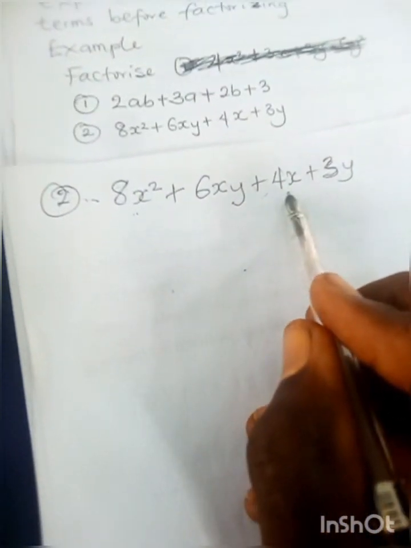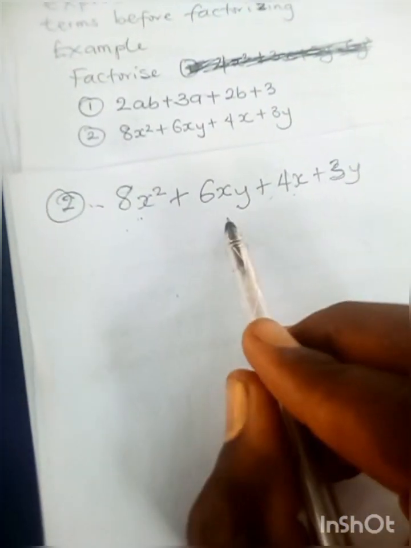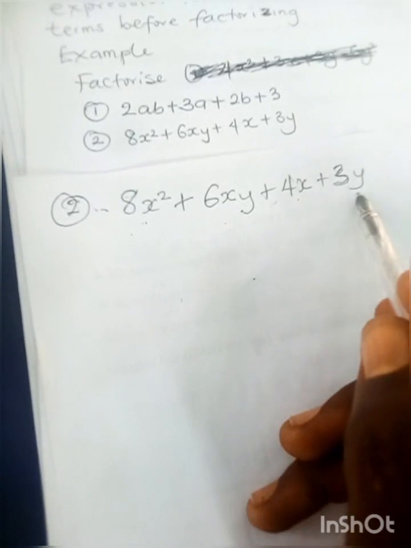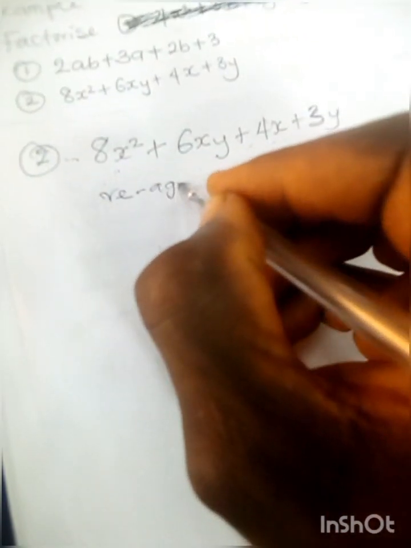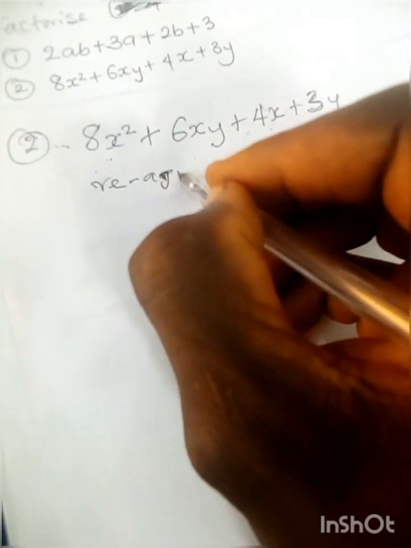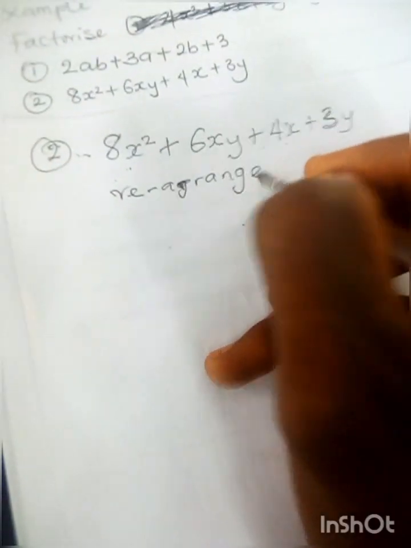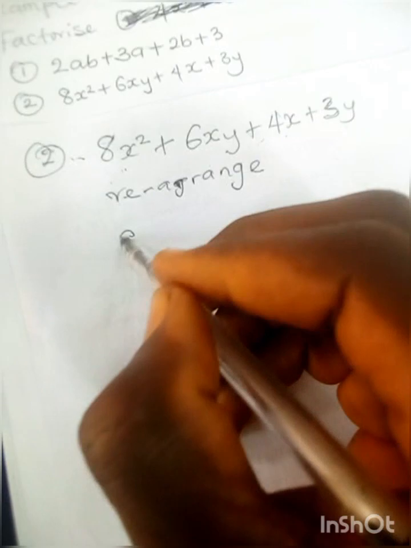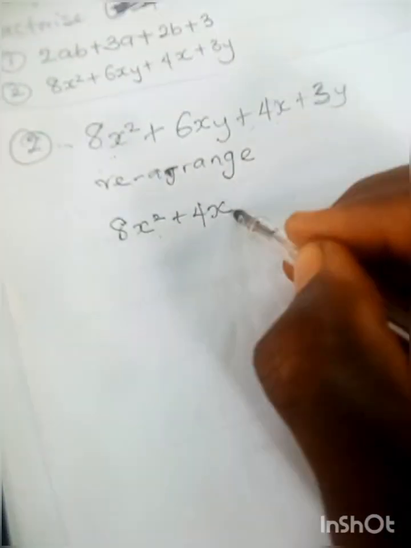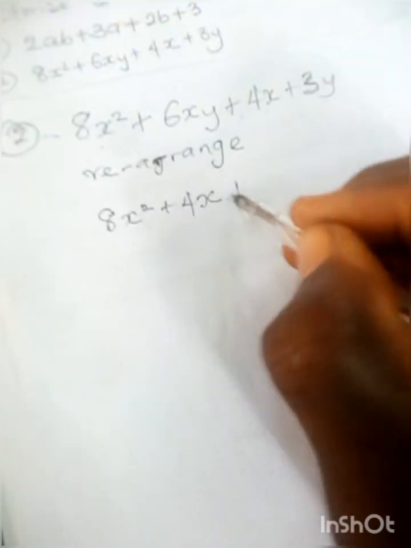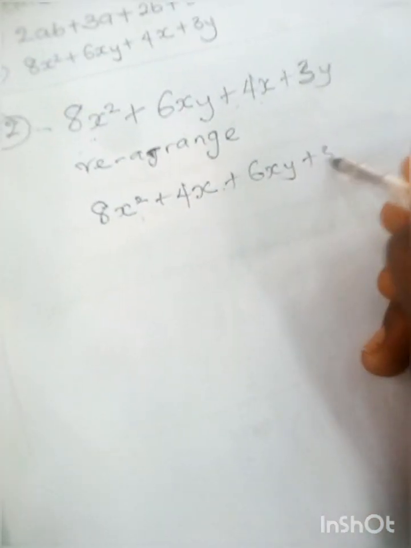This 4x and this 8x squared are common, 6xy and 3y are common. So we can decide to rearrange. We now have here 8x squared plus 4x, then plus 6xy plus 3y.